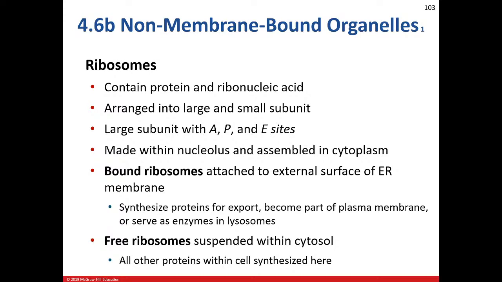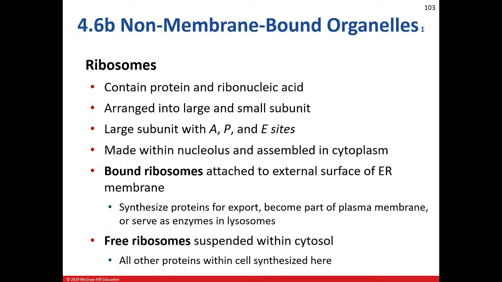And mRNA enters a ribosome and it gets read by the ribosome. And then the ribosome is going to follow the instructions in the mRNA transcript and start building a protein.